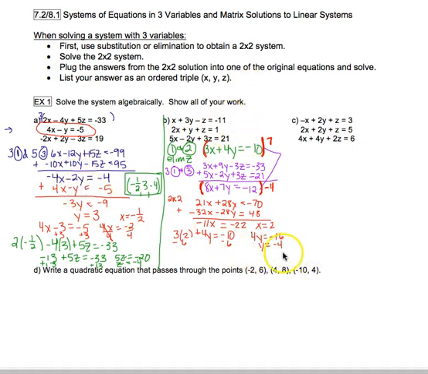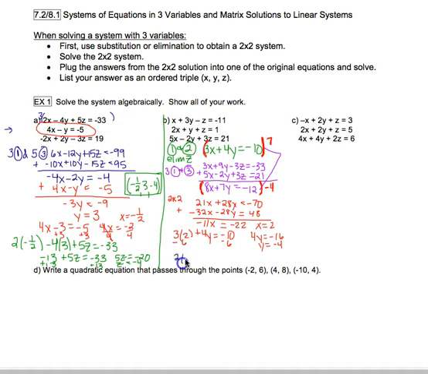So I'm chugging right along here. I've got x and I've got y. So now I'm going to go ahead and find my z. So x is 2, y is negative 4. It does not matter which of these you plug into. Again, I generally am a fan of less negatives and smaller numbers, so I'm going to use the middle equation.